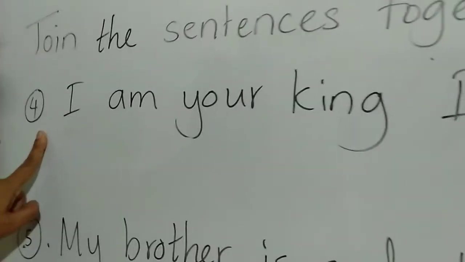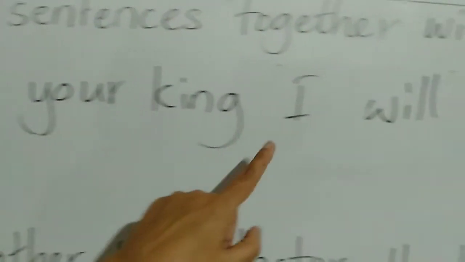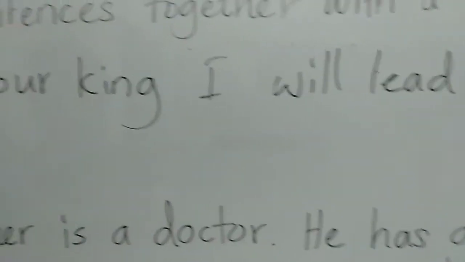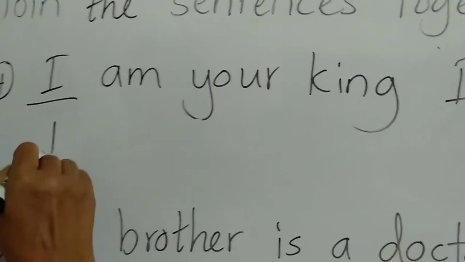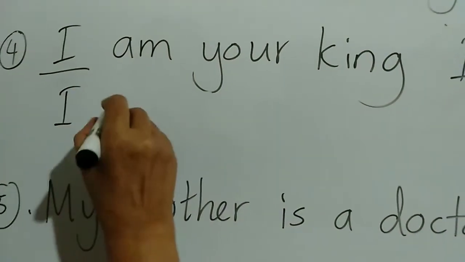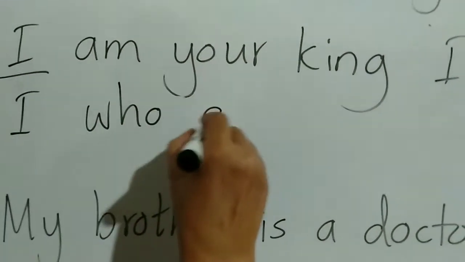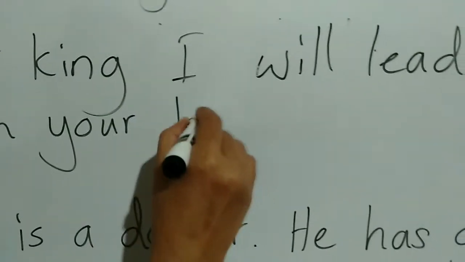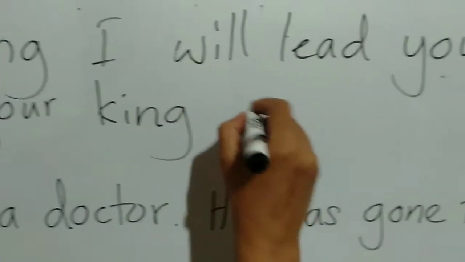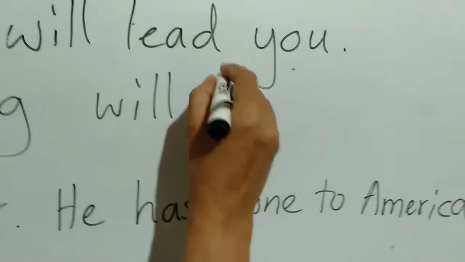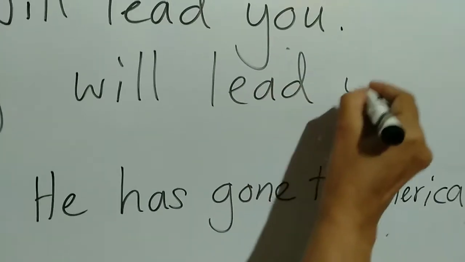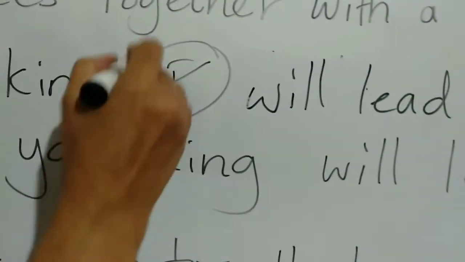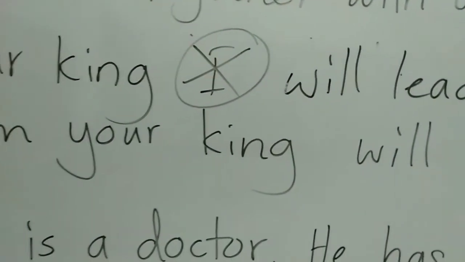Let's see the fourth example. I am your king. I will lead you. See what word is repeated? I. Then I is a person who am your king will lead you. This we remove.